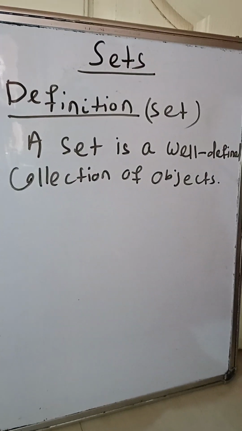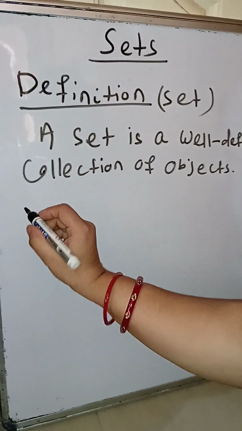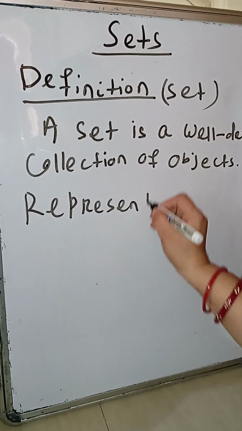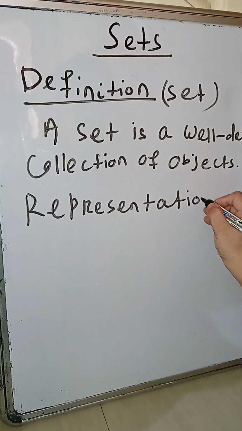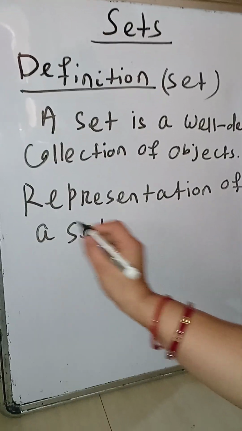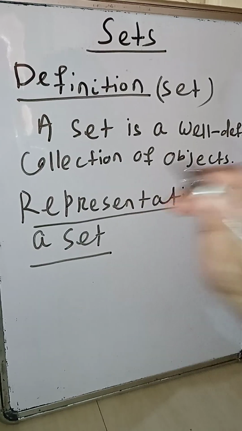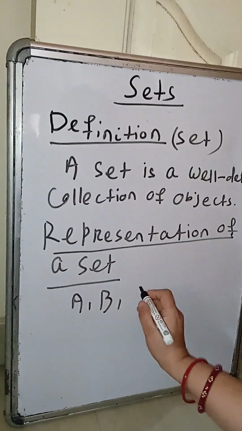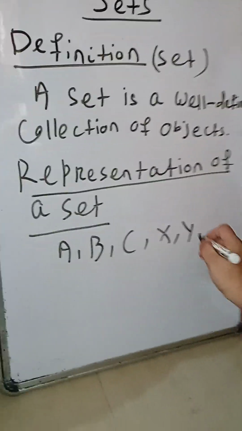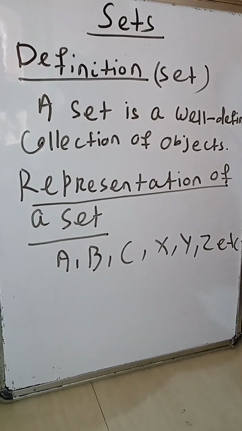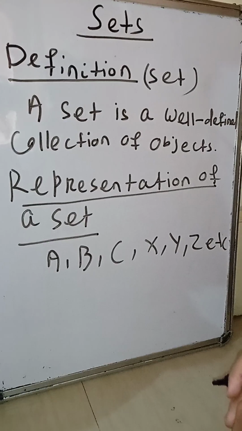Then how do we represent a set mathematically? Representation of a set. Sets are usually denoted by capital alphabets like capital A, B, C, X, Y, Z, etc. And how are the elements or objects of a set represented?